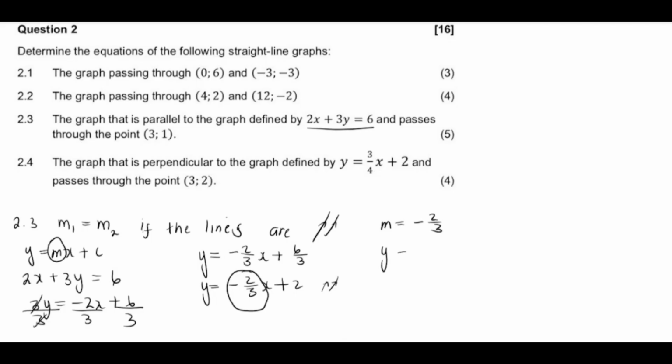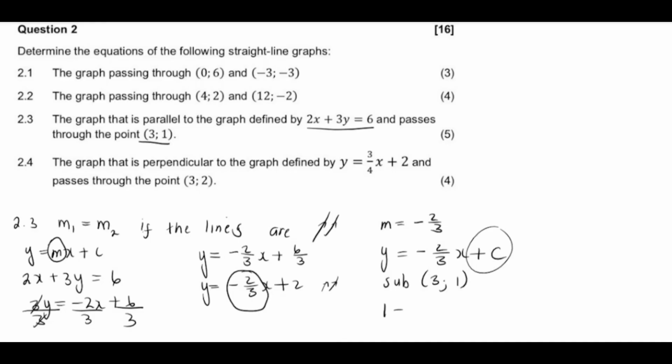So that means our equation is y is equal to negative 2 over 3x plus c. And the only thing we need to find now is the value of c. So we substitute a point on our line. The point on our line is (3, 1). Let's substitute that and find the value of c.